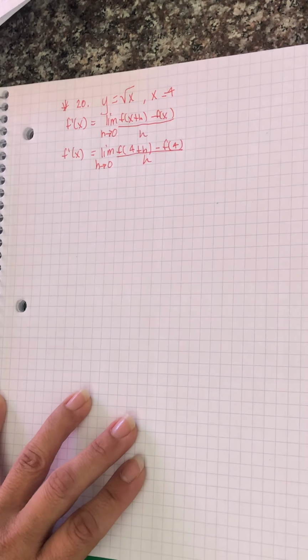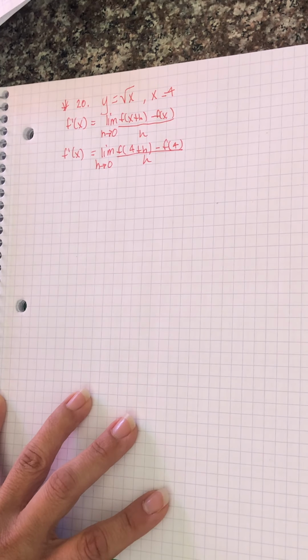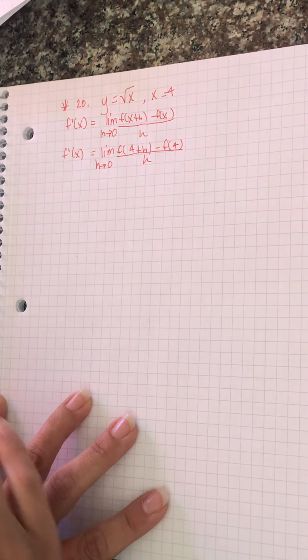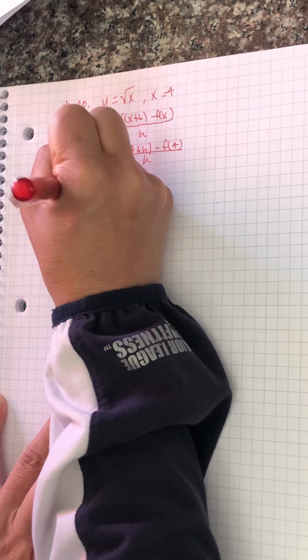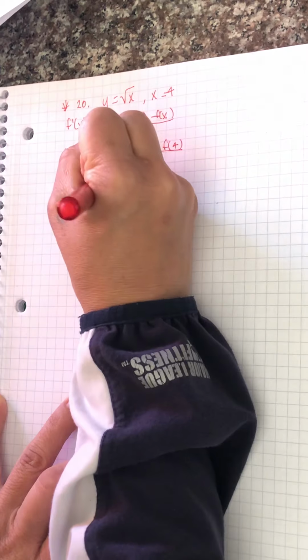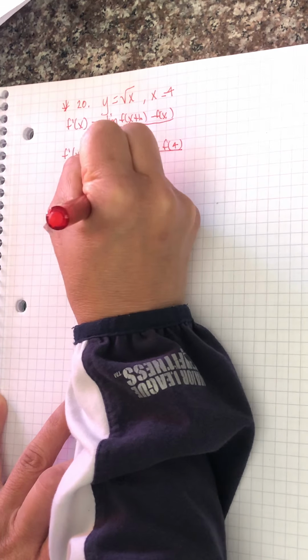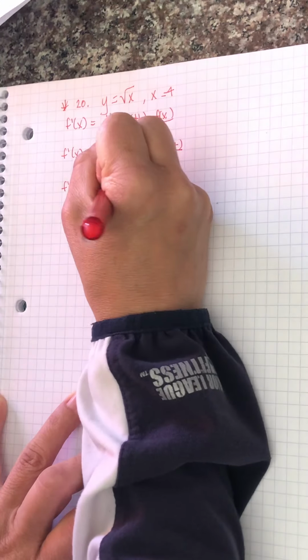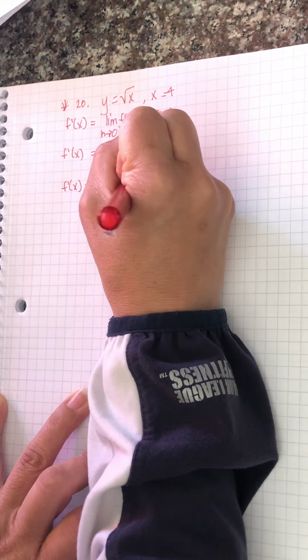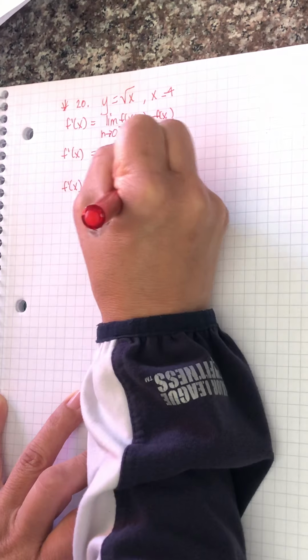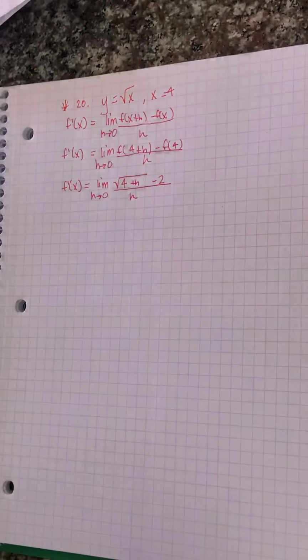Hit pause, do it on your own, see if you're getting the same answers. You're going to get stuck at a certain point, I would imagine. So this becomes f prime of x is equal to the limit as h approaches 0 of the square root of 4 plus h minus 2 all over h.